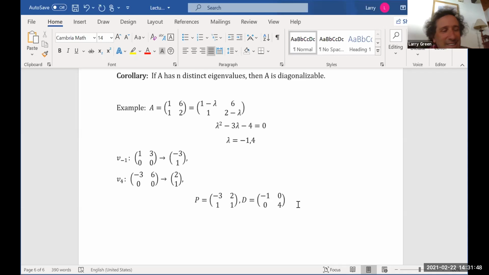But these come up all the time. In artificial intelligence, the largest eigenvalue tells you the most important combination of your variables that you want to look at and use. And the eigenvector corresponding to that eigenvalue is the combination of your variables that you're looking at when you're doing AI.